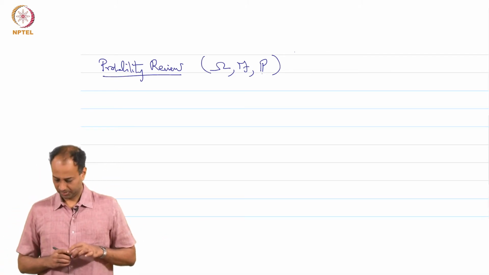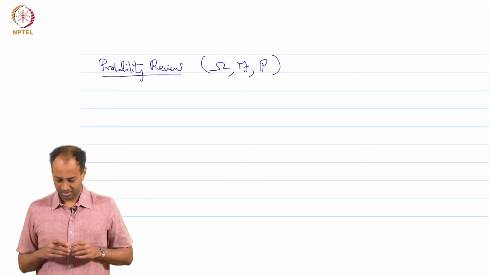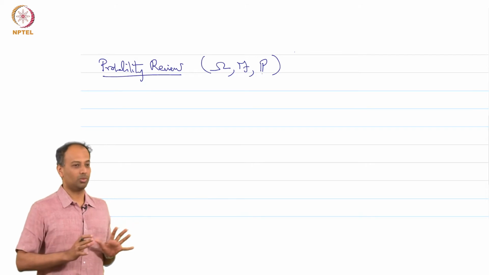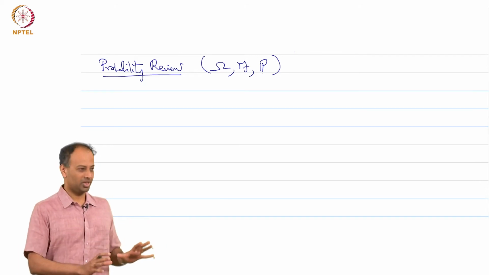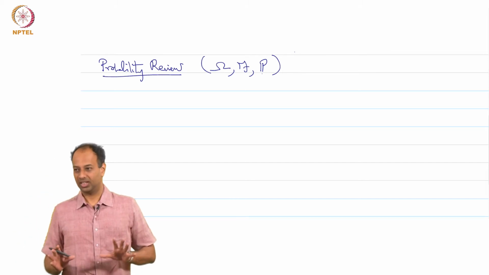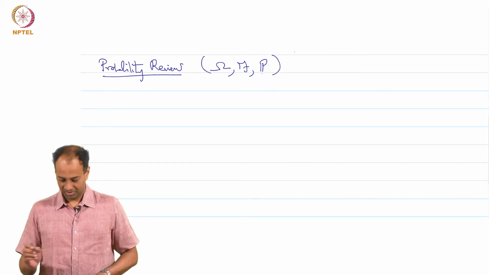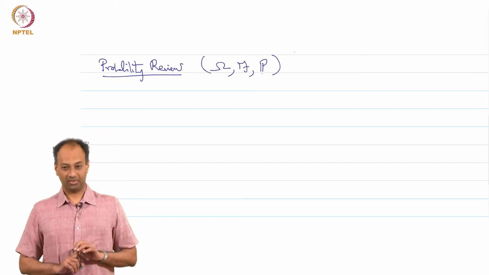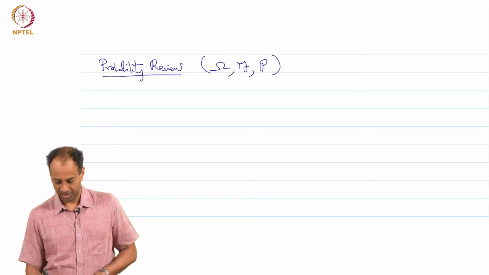Everything we will do assumes some implicit probability space. There is some omega, F, P which has already been defined and given to us, and everything starts from there. Once you have this probability space, there are random variables which can be defined on omega. What is a random variable?